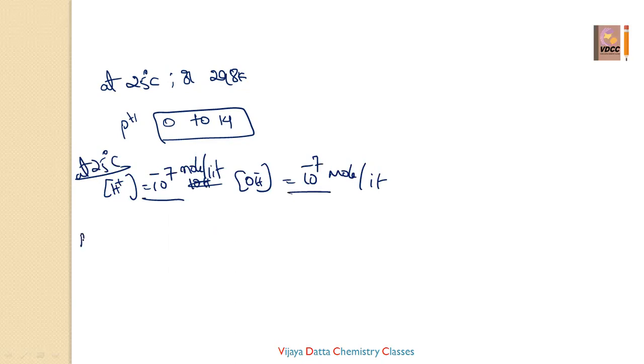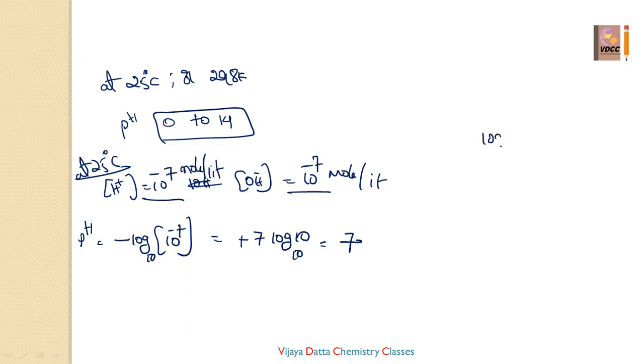So I want the pH value at 25 degrees Celsius. It is the negative logarithm of 10 to the power of minus 7, base 10. So 7 comes to the front, minus into minus gives plus 7 log 10 base 10, which is equal to 7, because log 10 base 10 value is 1.